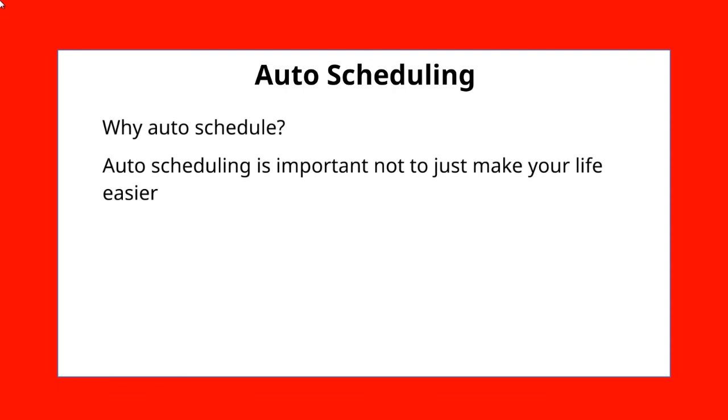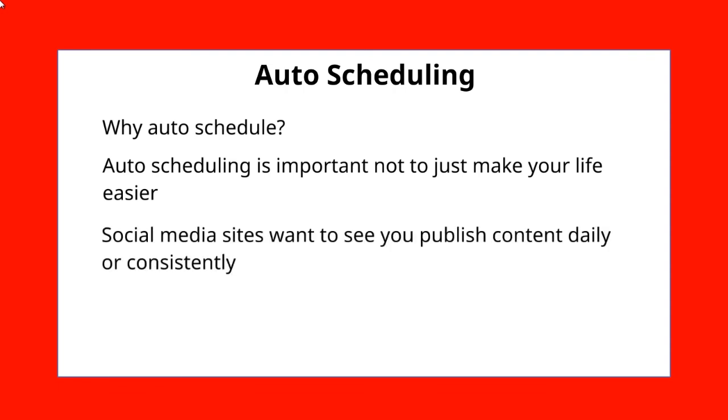But it's not just that. As you are aware of social media sites like Pinterest, like Facebook, Instagram, and more, these sites like to see you publish daily or on a consistent basis. And not just that, your audience that comes to follow you, they're looking to hear from you on a day-to-day basis.